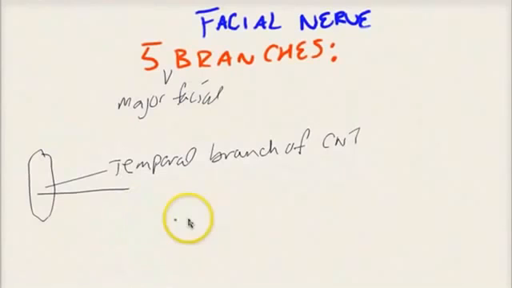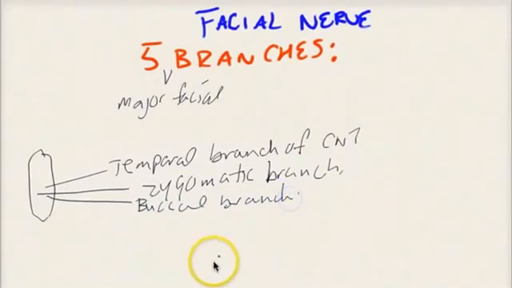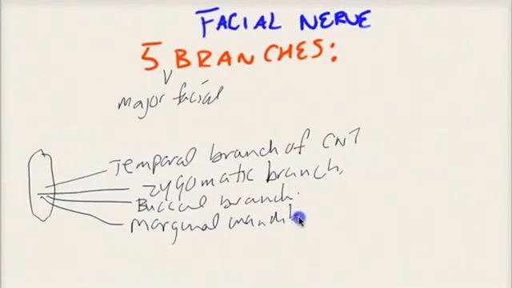Then we have the zygomatic branch of the facial nerve. We have a buccal branch. We have a marginal mandibular branch. We have a cervical branch.